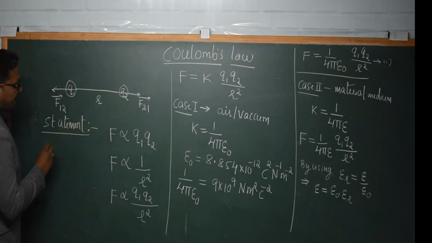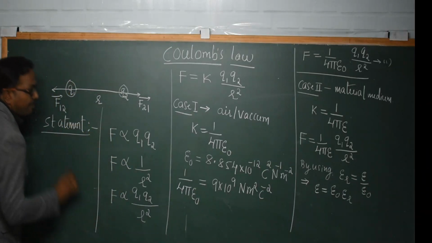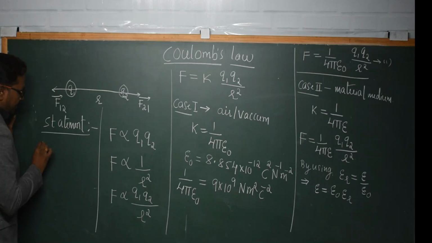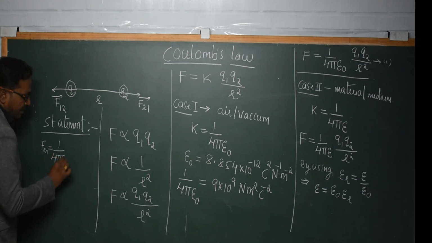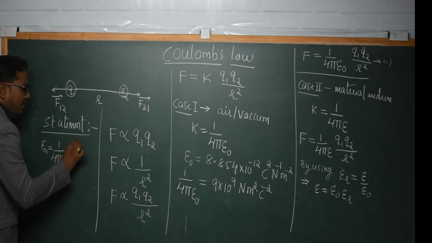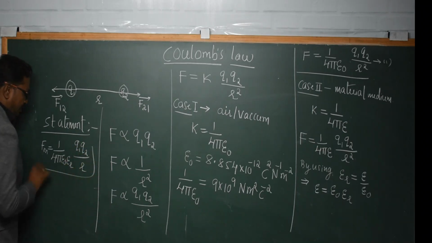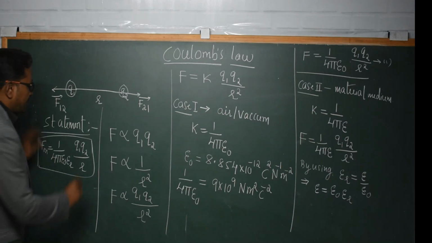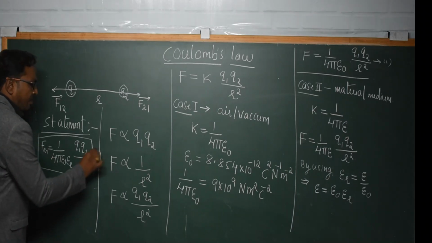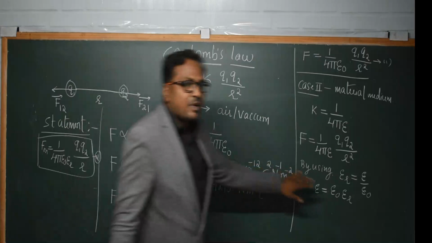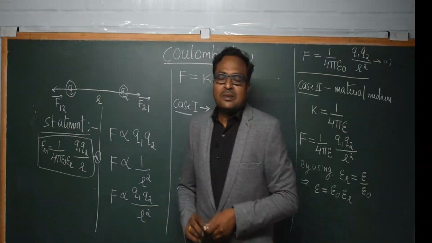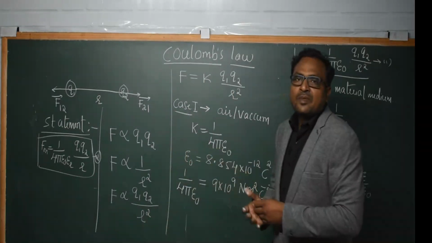Now the final equation for the material medium: Fm is equal to 1 by 4 pi epsilon naught into epsilon R into Q1 Q2 divided by R square. This is for the material medium, and this will be your equation number 2, and the earlier one is equation number 1. So this is all about Coulomb's law.